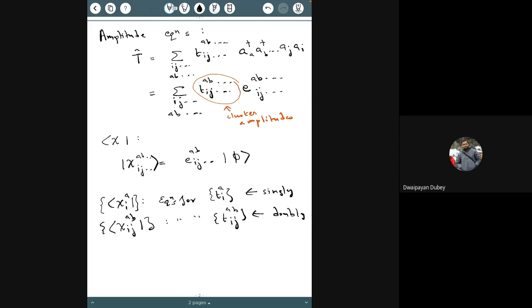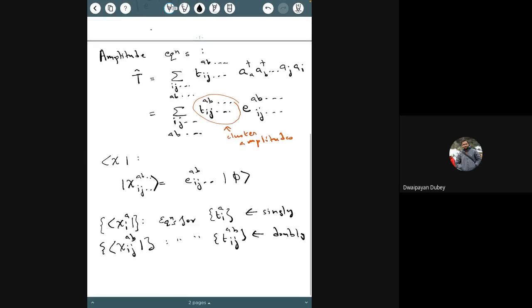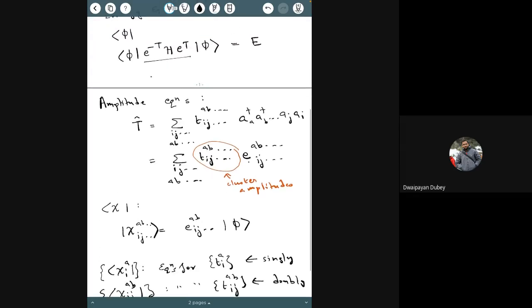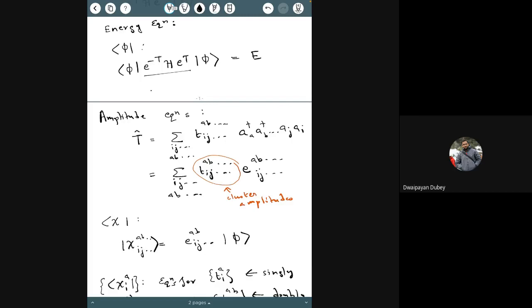But before that, let me try to tell you what other methods could have been possible to solve this equation. So, the standard method is to simply project with the excited determinants and get a set of nonlinear coupled equations. Now, what else could I have done?